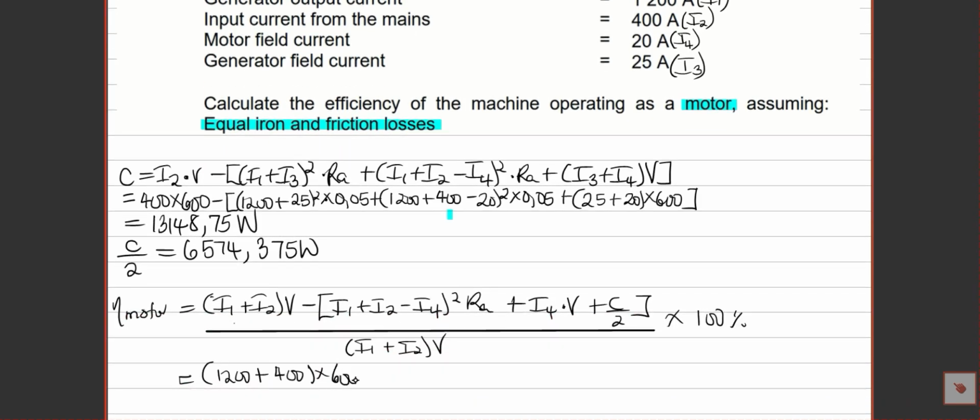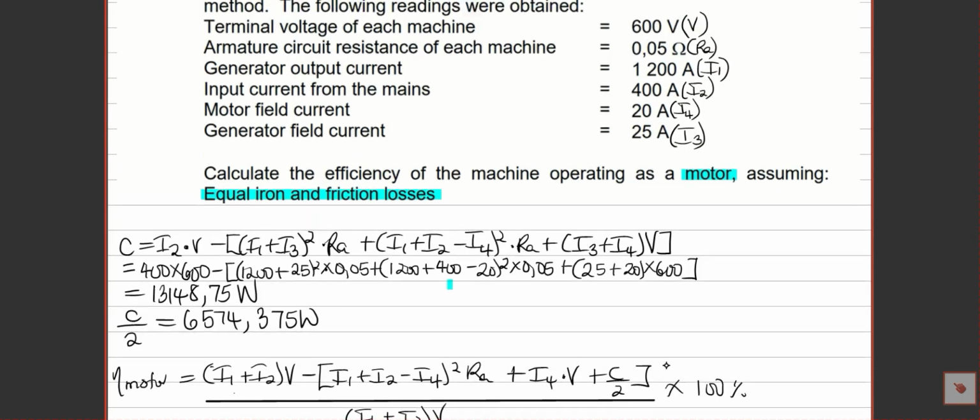So it's 600 minus open bracket, our I1, we still have 1,200 plus 400 minus our I4, which is 20, squared times 0,05, plus our I4, we have 20 times our V, which was 600.